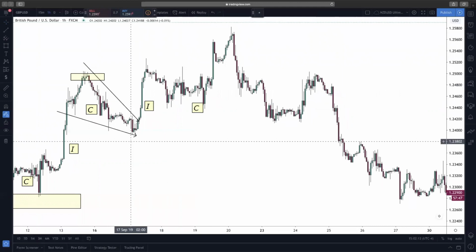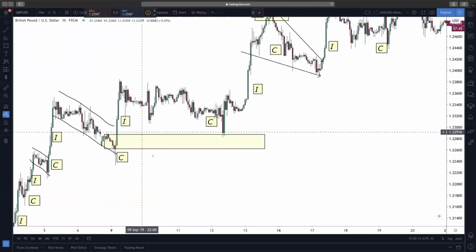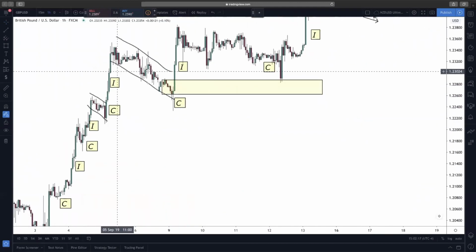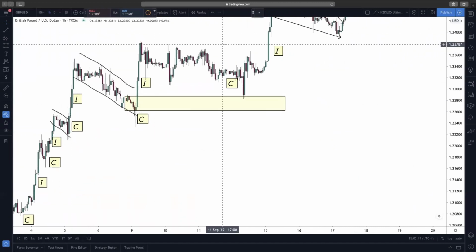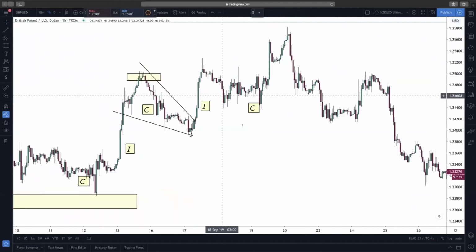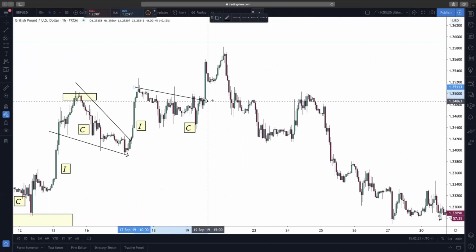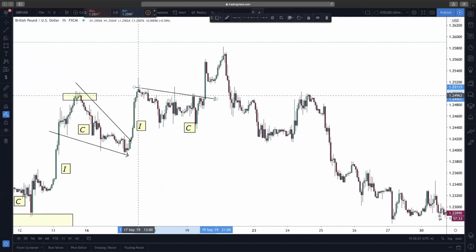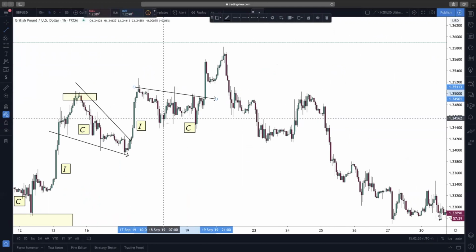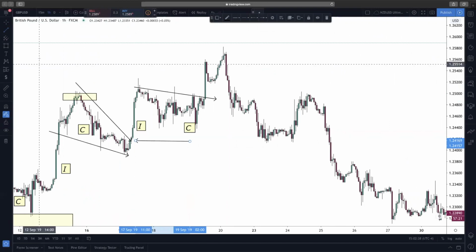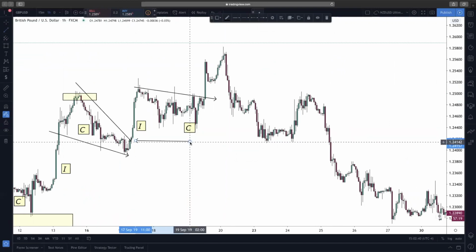And as you can see, not all corrections are the same, right? Impulses are very easy to see because it's like taking the elevator up. But corrections are different. They're always different. All right, so here we have this one. It's not challenging the highs as much as the lows. The lows are getting spiked in a lot. Comes back to the previous structure. The structure here. That's where price came back to.